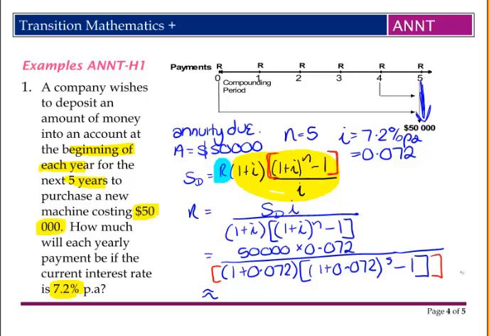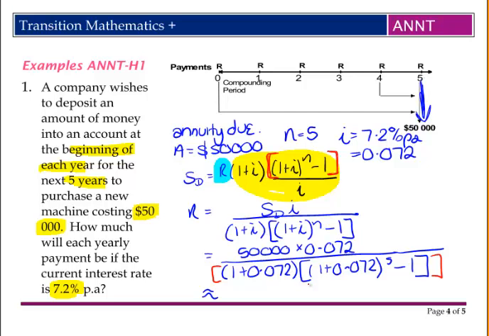Now divide by, put in a bracket, then another bracket, 1 plus 0.072, bracket, another bracket, 1 plus... actually there should have been 2 brackets there. So I go 1 plus 0.072 bracket, open bracket, and then I want another open bracket.